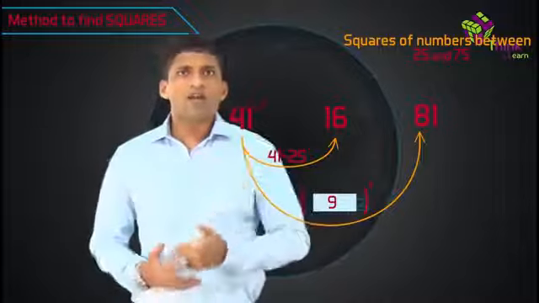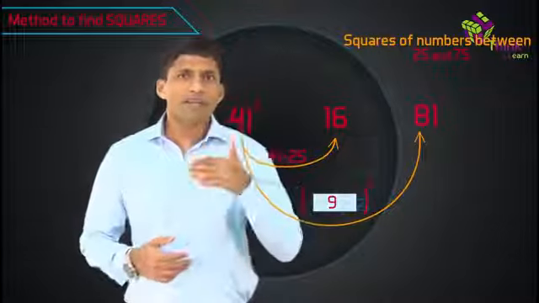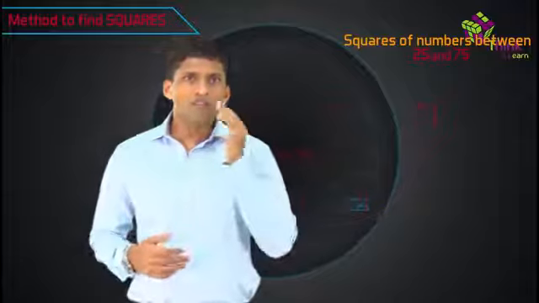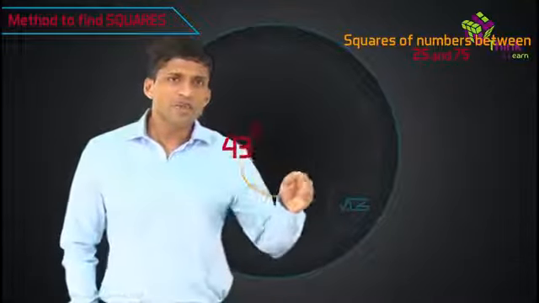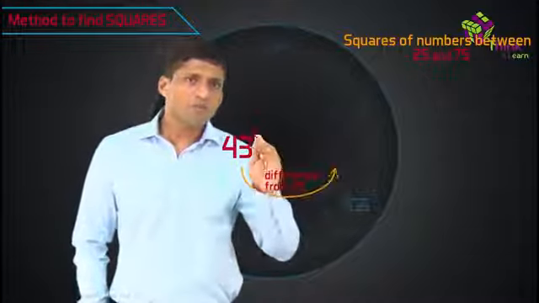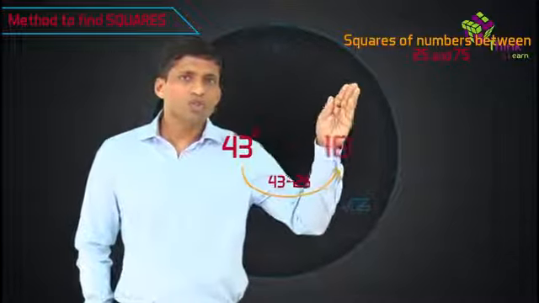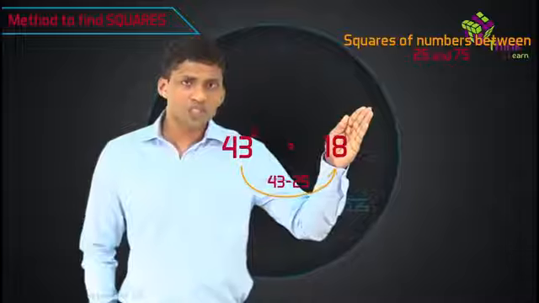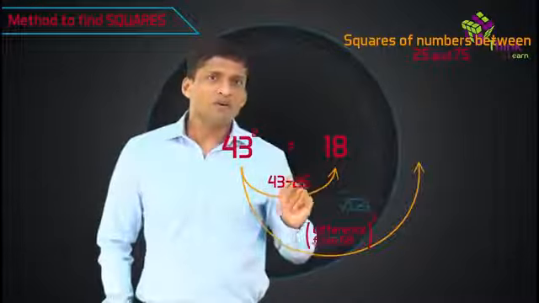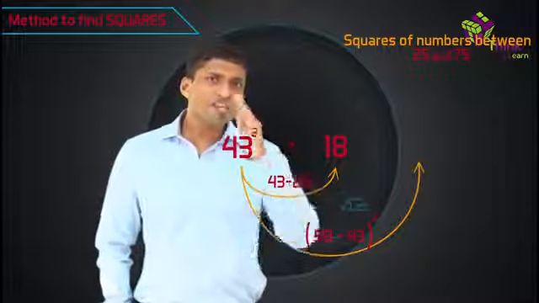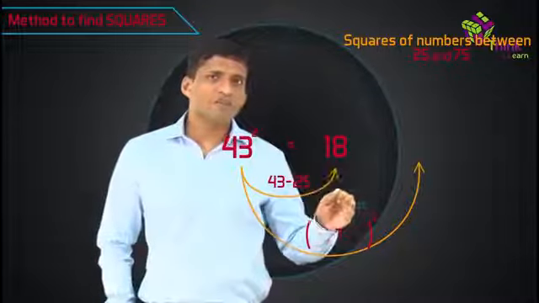So you will understand this with one more example. Let me take one more number here. To find 43 square, what we need to do is, take the difference from 25, that is 43 minus 25. So you get 18 as the first two digits. Then take the difference from 50. Now what is the difference from 50? 50 minus 43 is 7.